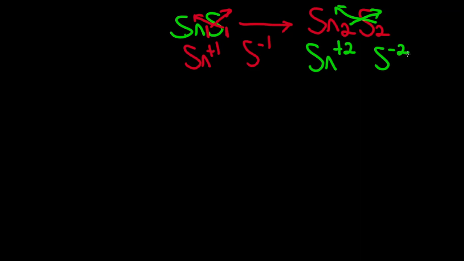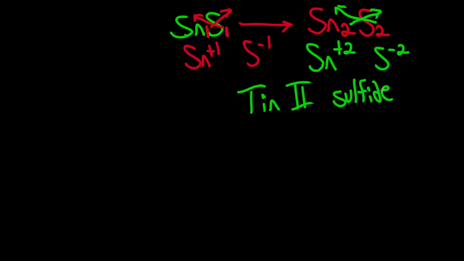Alright, which I look at my transition metal chart and I see that Sn indeed has a +2 charge, and sulfur, based on our periodic table, is going to have a -2 charge. Okay, so Sn is going to be tin, and since it has a +2 charge, I'm going to write out my Roman numeral of 2, and I'm going to write this sulfur ion as sulfide.